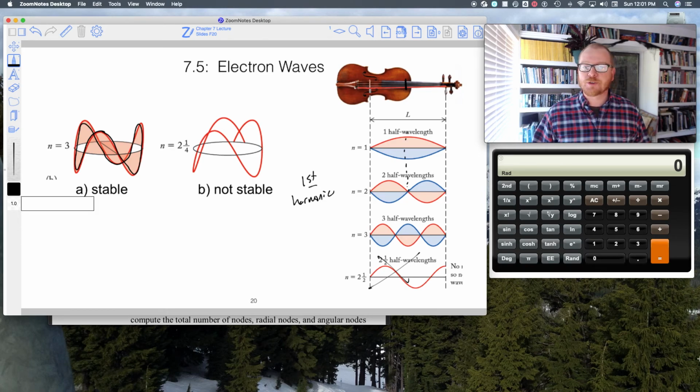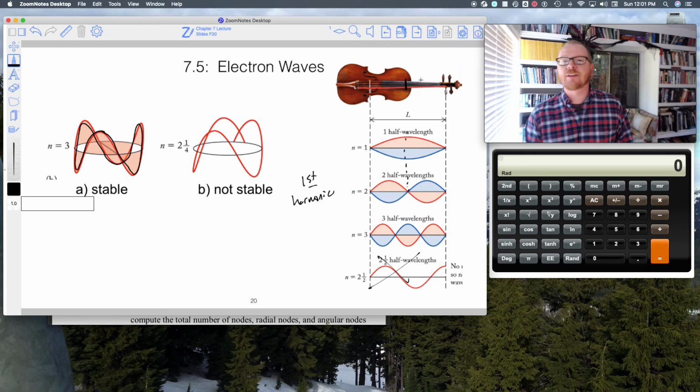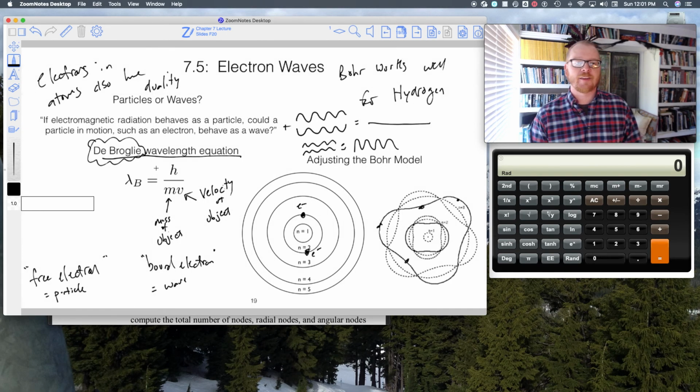So I would encourage you to find some Nova or BBC or Discovery Channel stuff on quantum mechanics, and particularly on de Broglie wavelength and wave-particle duality. There's some really out there wacky stuff that's physically correct, but it's just wacky. It's different and bizarre. It defies your everyday experiences.